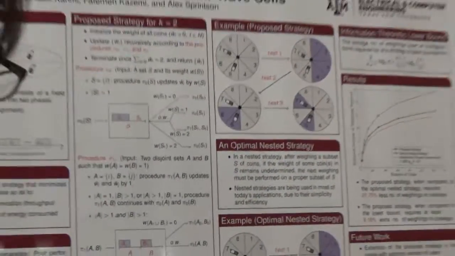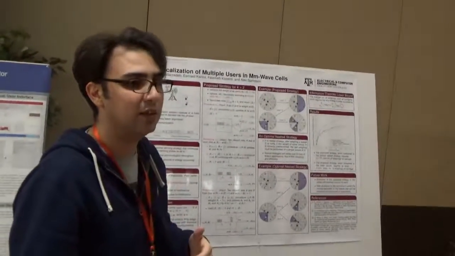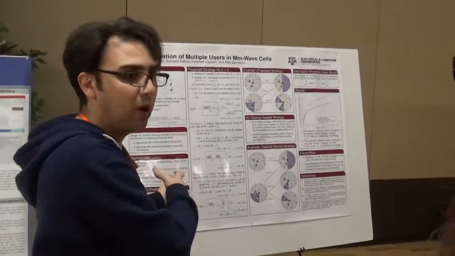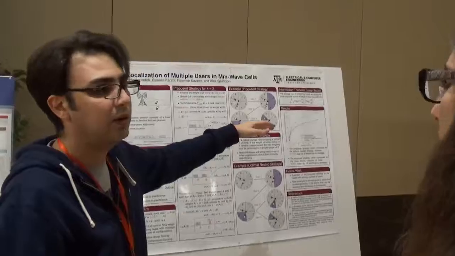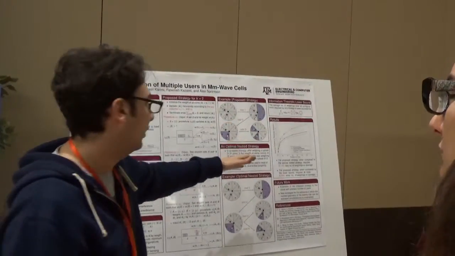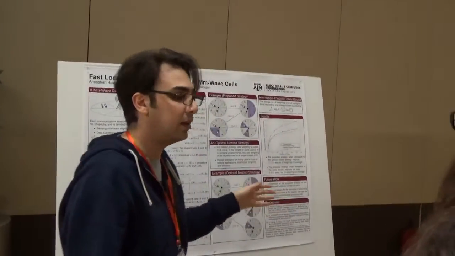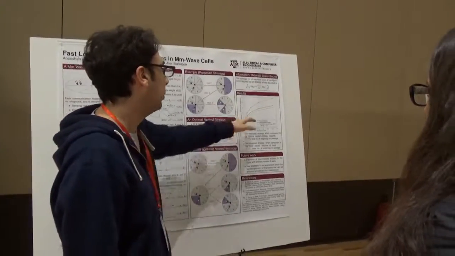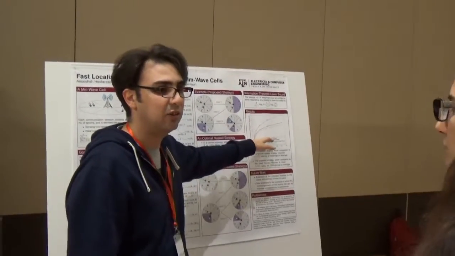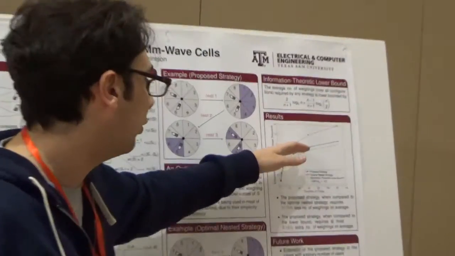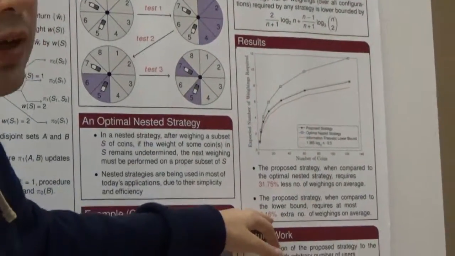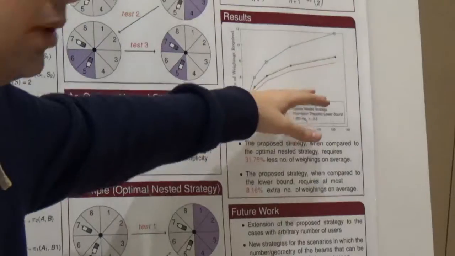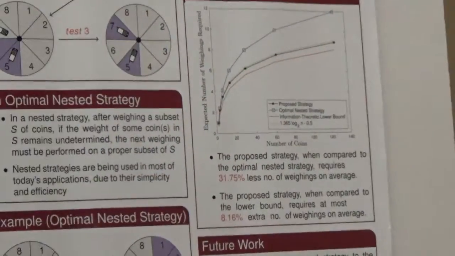It says that there is no way that you can solve your problem with fewer tests than this red term. It's not necessarily even achievable, so you might not be able to design a scheme that achieves this. And we are very close to it, basically less than 8.16% from the information theoretic bound.